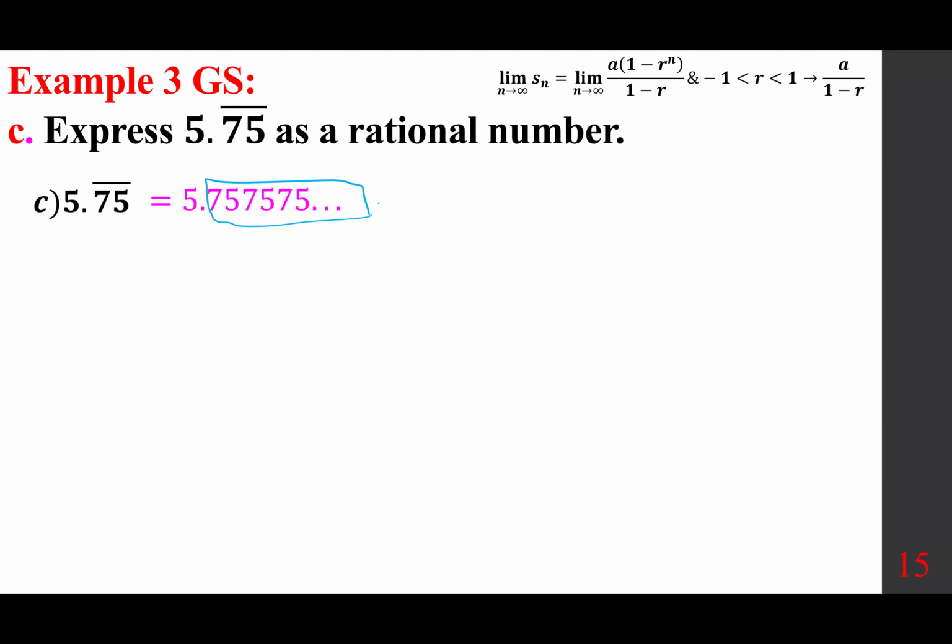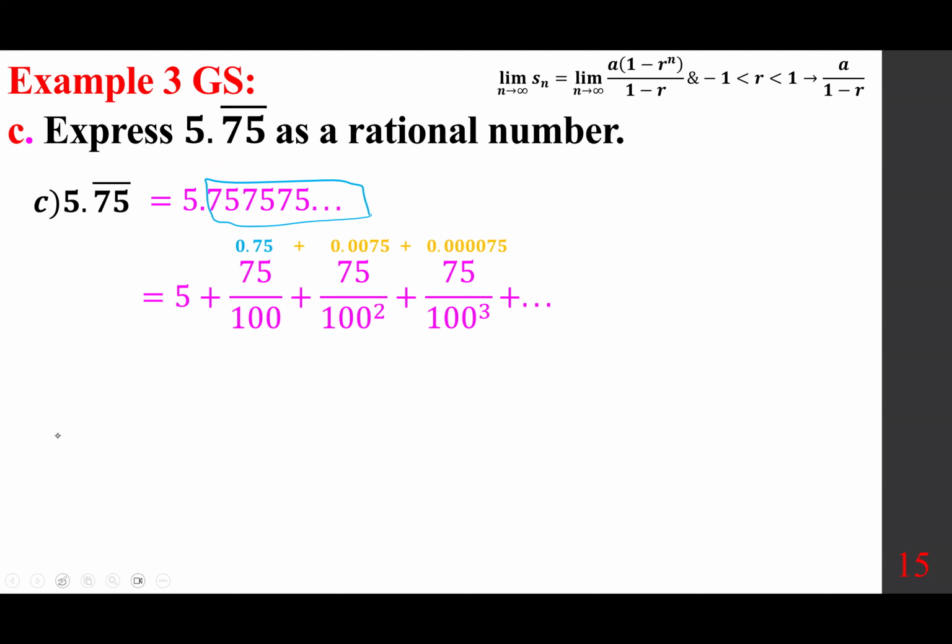Five plus 75 over 100 plus 75 over 100 squared plus 75 over 100 cubed, or in the form of a decimal, 0.75 here, 0.0075 here, 0.000075 here.